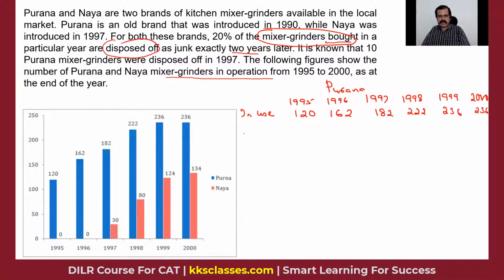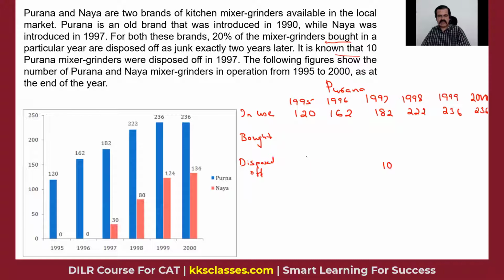So we need to also look at two more parameters: how many were bought by customers, and the next one, disposed of. There's some data here which says that 10 Purana mixer grinders were disposed of in 1997.